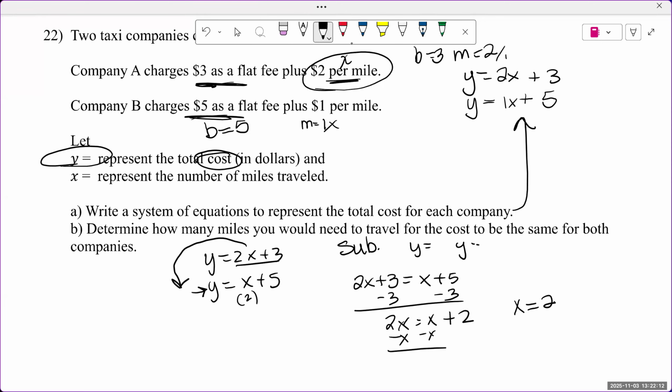Plug that in. y is equal to 7. So at 2 miles, the companies are the same. Can you see that this one starts lower? So if you're going less than 2 miles, choose company A. If you're going more than 2 miles, choose company B. There you go.